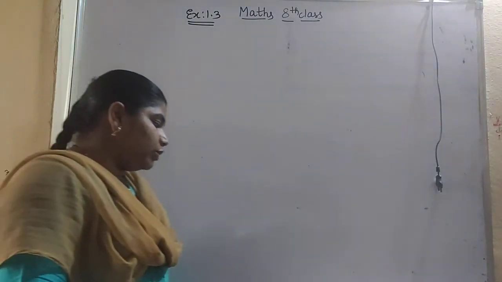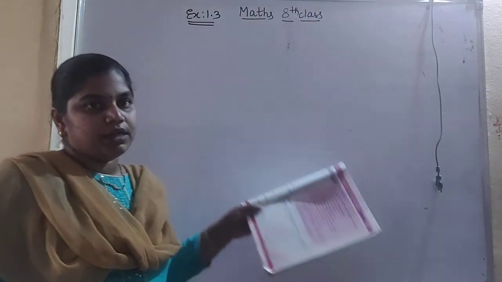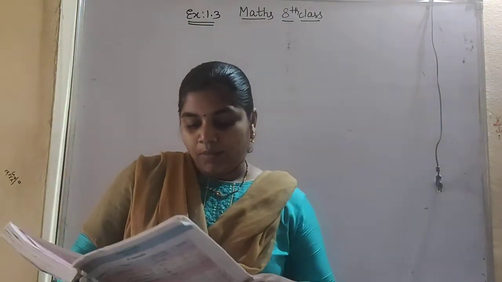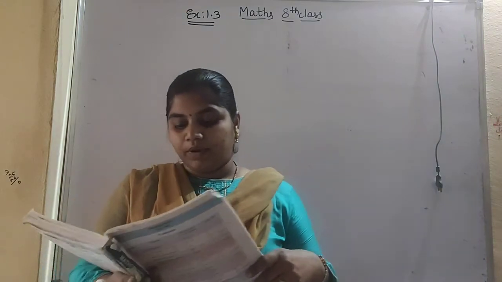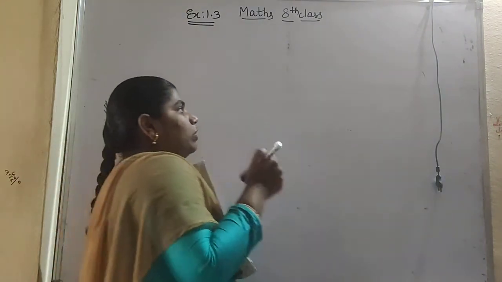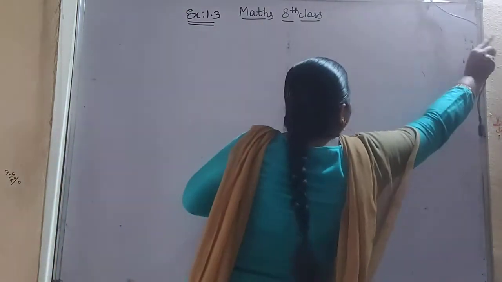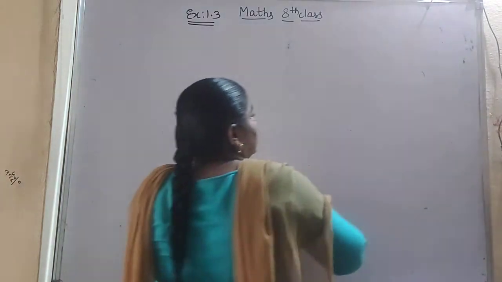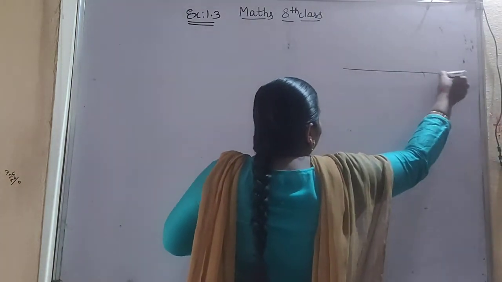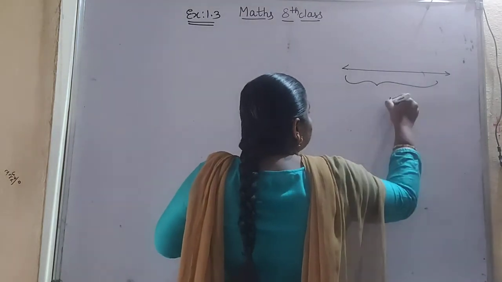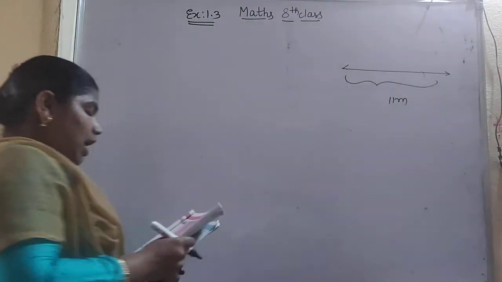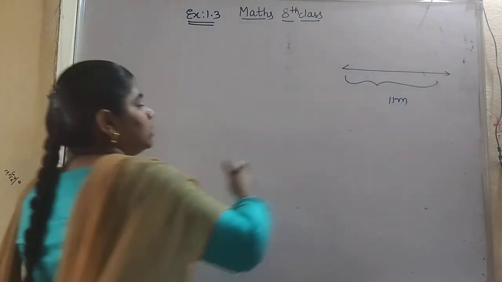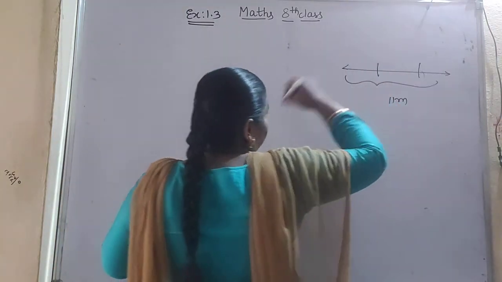Two pieces of length 2 3/5 meters and 3 3/10 meters are cut off from a rope of 11 meters long. So here the length of the rope is total 11 meters. So what is the length of the rope? The length of the rope is total 11 meters and it has been cut into two pieces. So first piece, second piece.